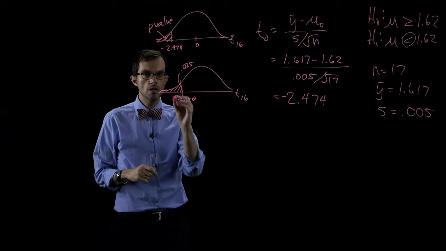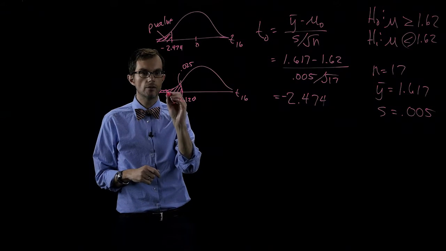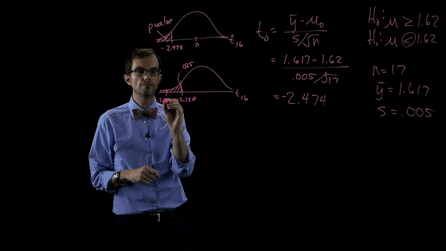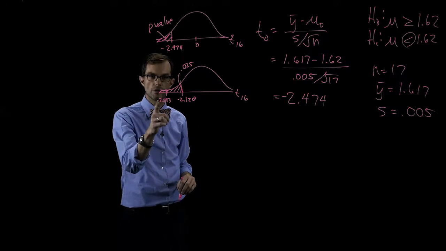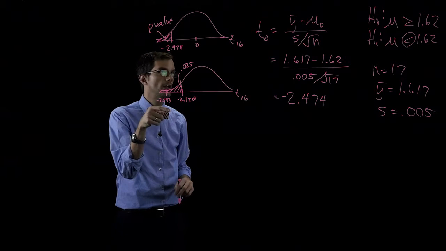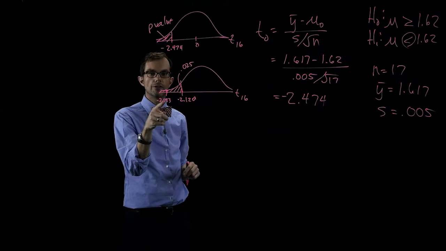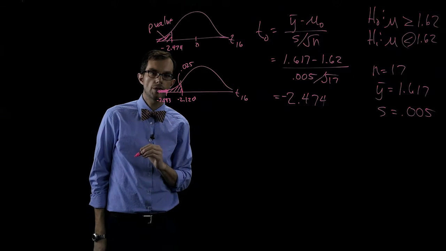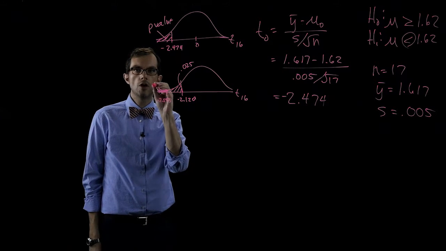And we also have this value right here. This is negative 2.583, that's also, again, one of the entries in the row associated with degrees of freedom 16. This area down here is 0.01.